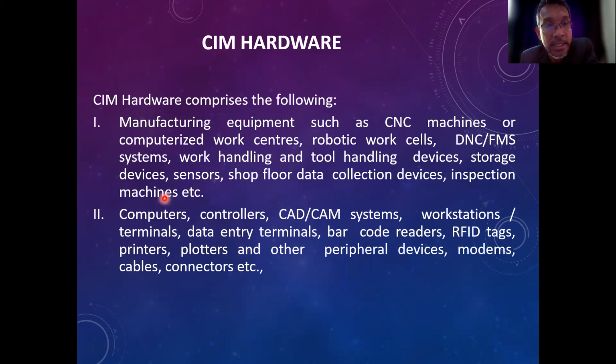But the part from the computers, for the controllers, CAM system, workstation, terminal, data entry terminal, barcode, RFID, plotter, printer, modem, cable, that is considered computer hardware for the SIM as well.